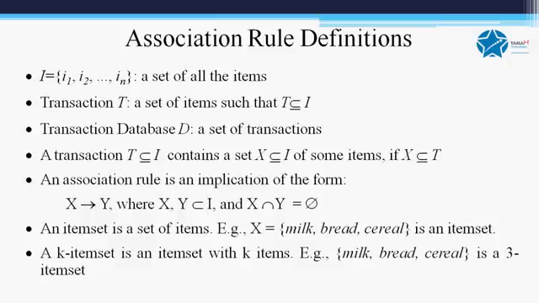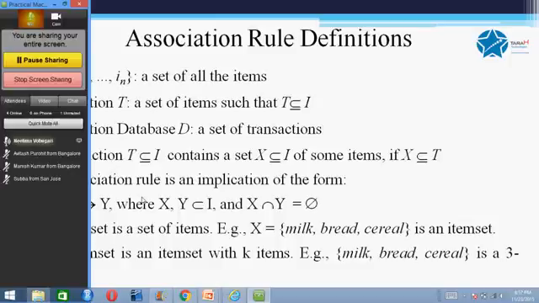It need not be one item. So when we talk about an association rule, it is possible that I may have a scenario where I say that if I buy milk and bread, I also buy cereal and jam. So the Y, which is on the right hand side of the implication, is not necessarily only a singleton item, but could be an item set itself.